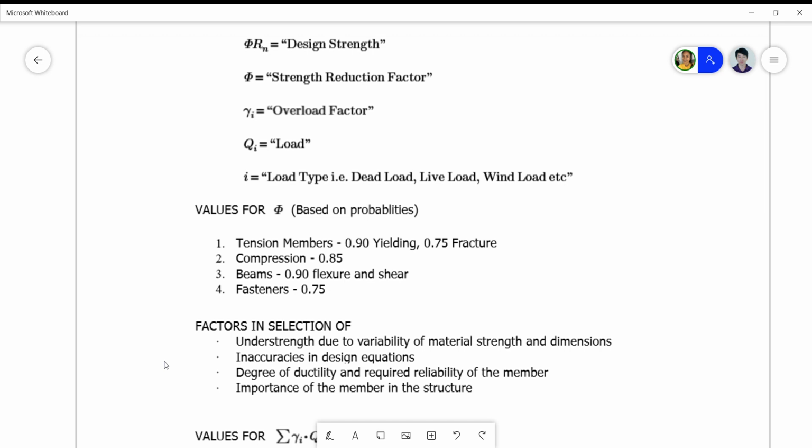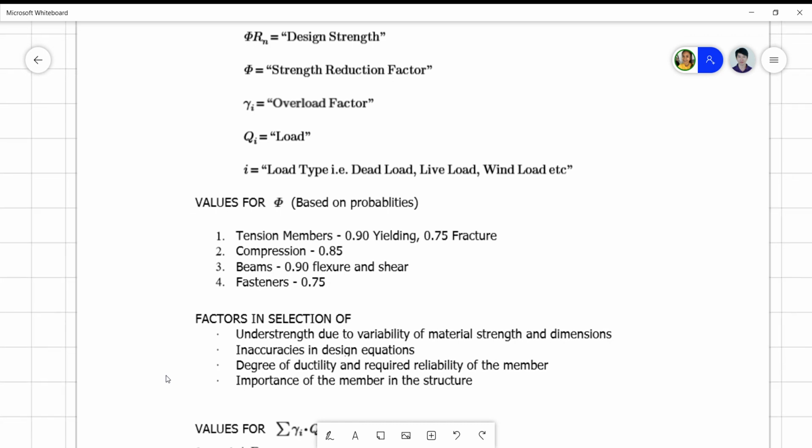This is also due to inaccuracies in design equations because of our simplification of the formulas, the degree of ductility required, and the reliability of the member. Different members have different reliability when it comes to toughness and ductility, and of course the importance of the member. So if the member is not as critical as the other, the reduction factor may be higher than those which are more critical.